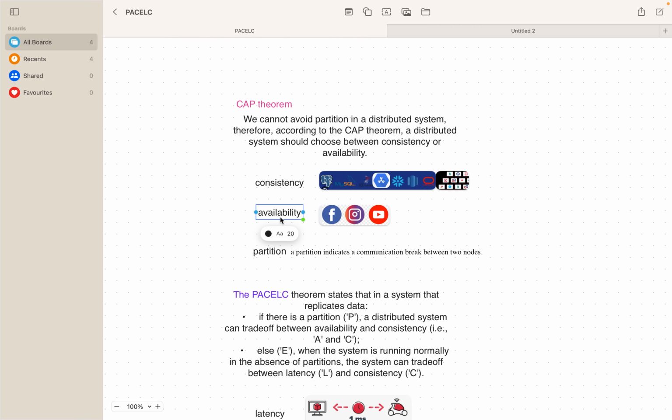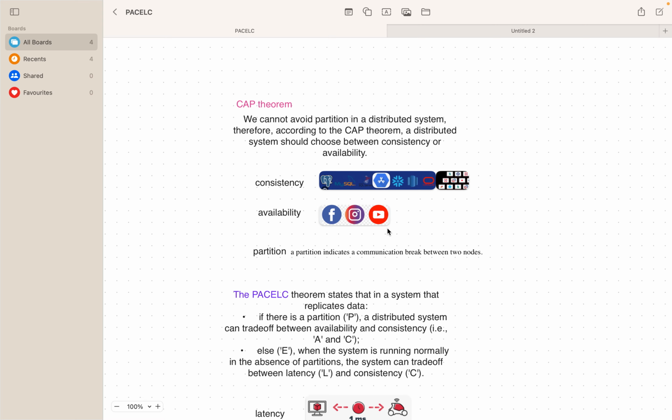Now here you can see availability. Availability is the scenario, as you know, where the system should always be available. Just like social media such as Facebook, Instagram, YouTube, Twitter, maybe LinkedIn, these kinds of social media apps are always available. They should always be available. The data can be stale.